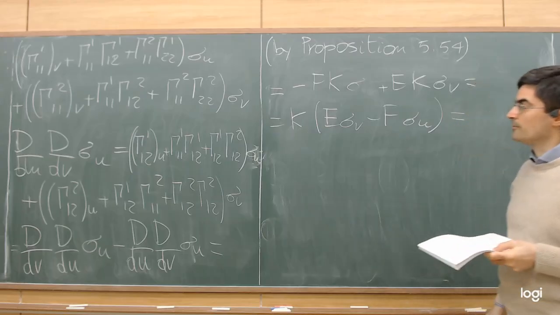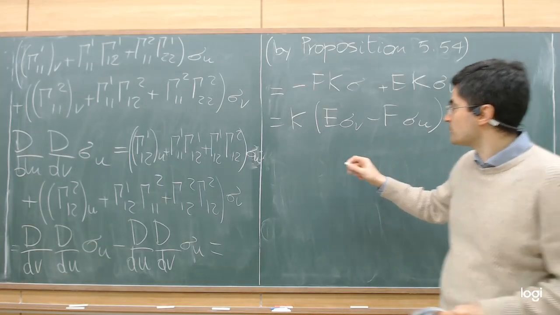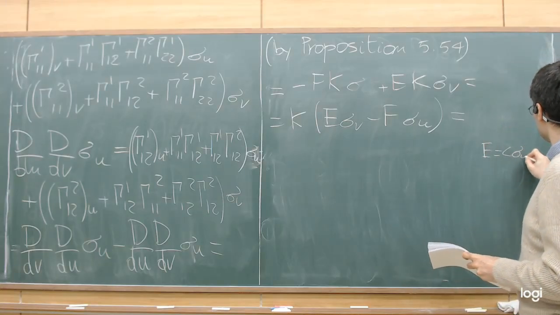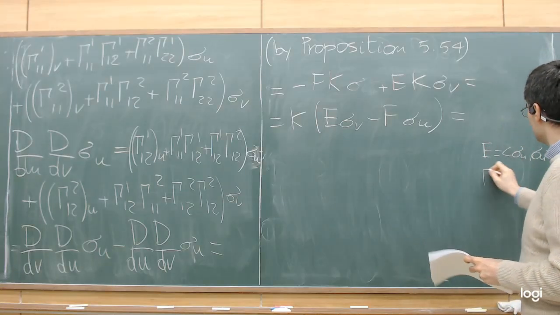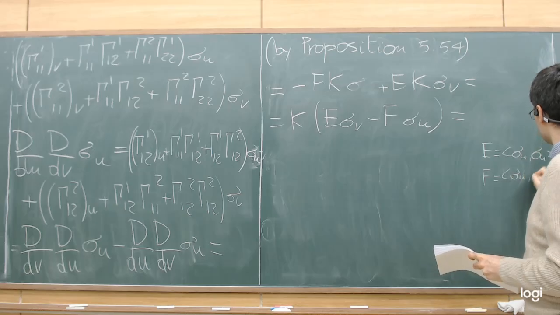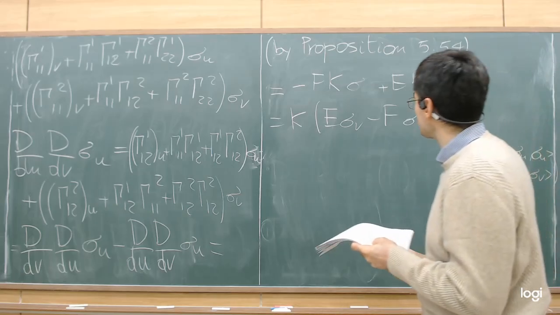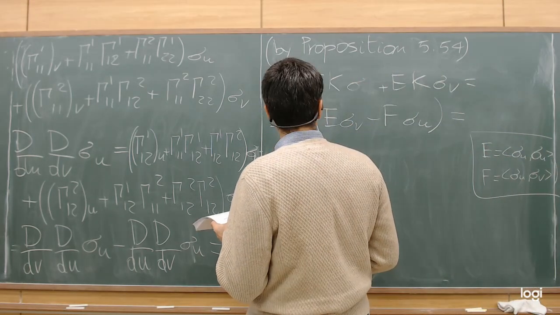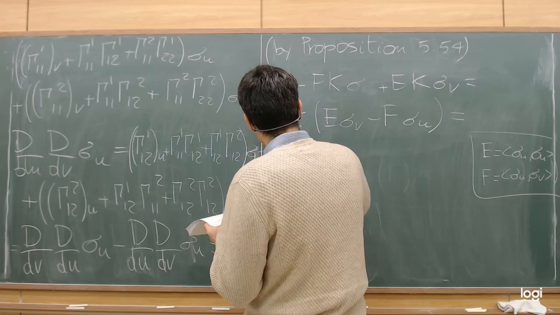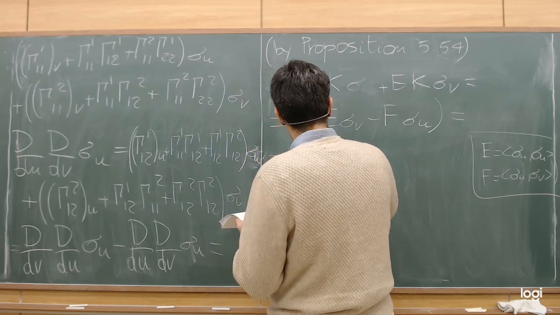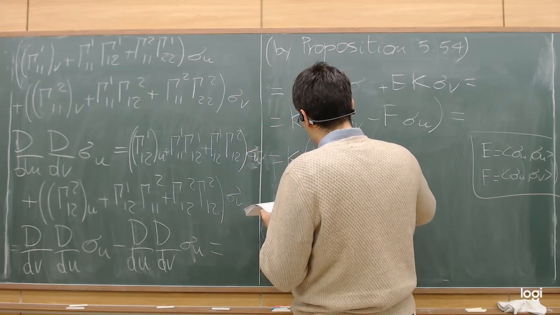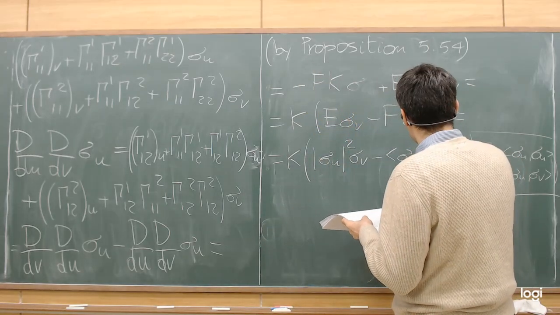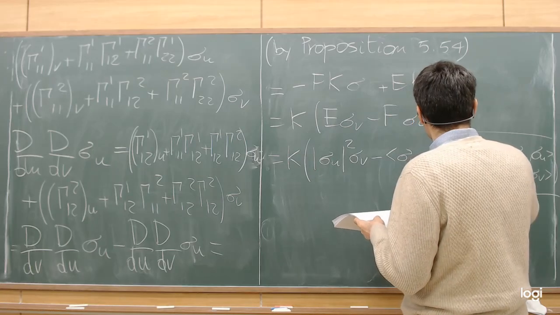And now I use the definition of E and F. So I use that E is sigma u multiplied by itself, and F is sigma u times sigma v. So this means that I can write this one as K times the quantity length of sigma u squared sigma v minus sigma u dot sigma v sigma u.